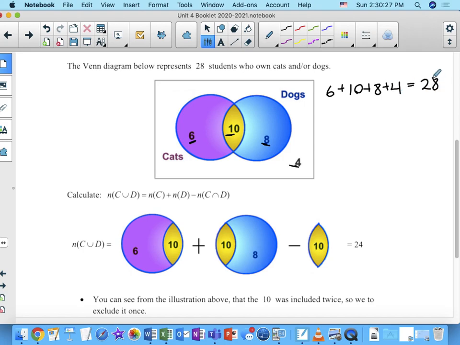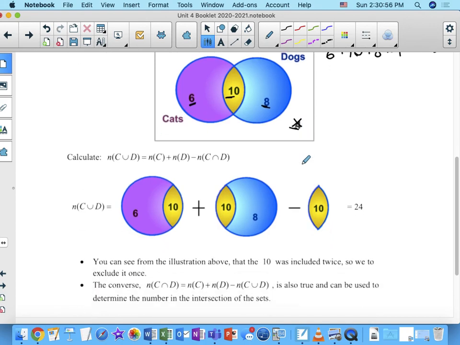Right? And that should make sense because there's 28 people who were surveyed. Okay? So what this formula is telling us is the number of people in the union. Right? And in this case, the union is actually just 24 because we're not taking out these two. So we're just looking at the 6 plus the 10 plus the 8. So that's actually just 24.